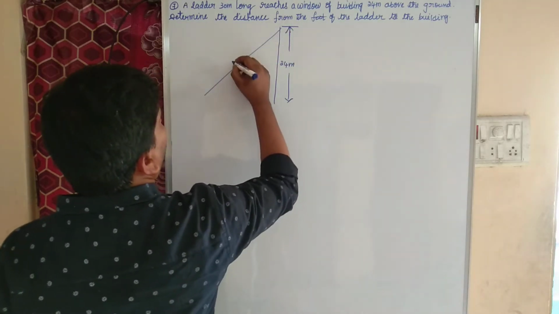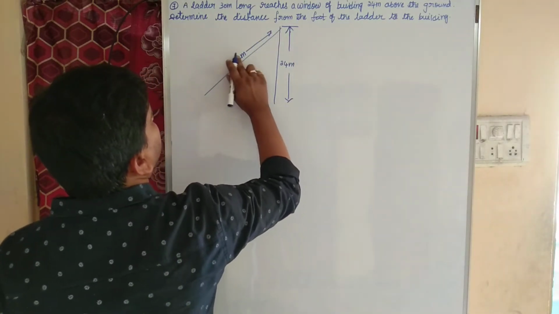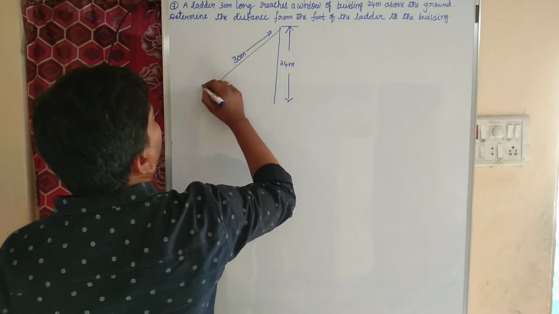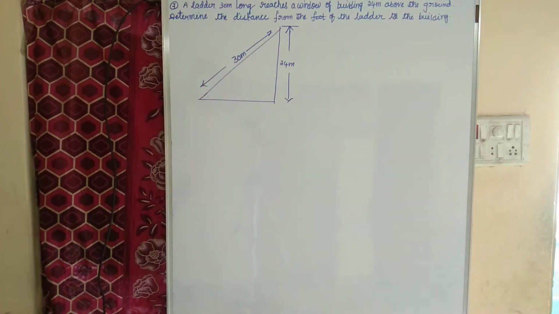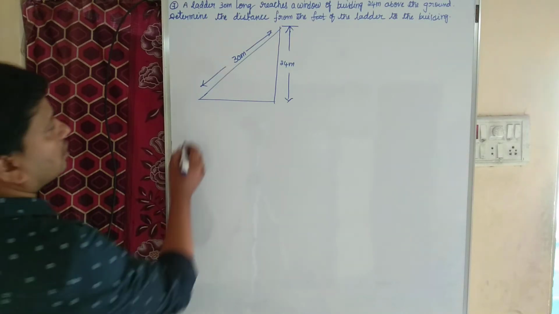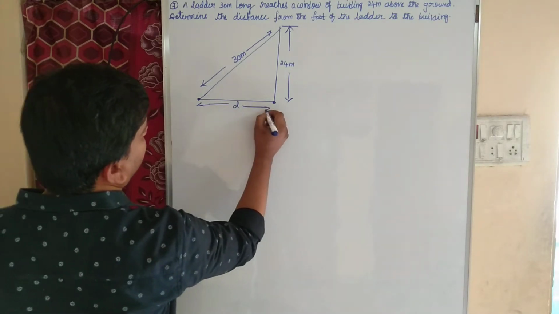This is our ladder, 30 meters long, reaches a window of the building 24 meters above the ground. Determine the distance from the foot of the ladder to the foot of the building. This distance they are asking.